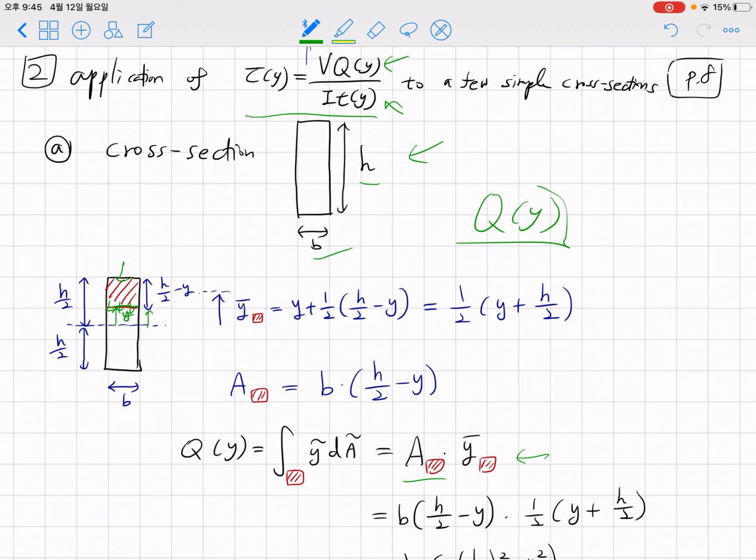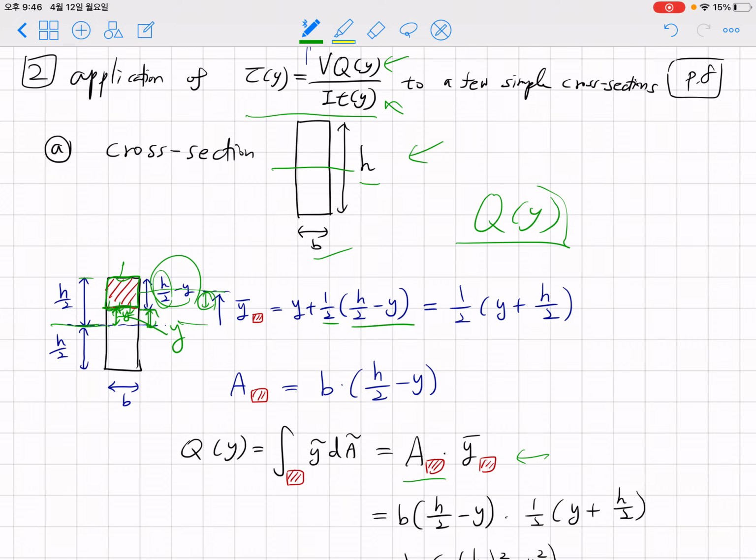So regarding the centroid position, when you consider this red rectangular shape, suppose that the distance to the top of this red block is h/2, and the height of this red block is h/2 minus y. This is y. And if you consider the location for centroid, it will be y plus half of h/2 minus y.